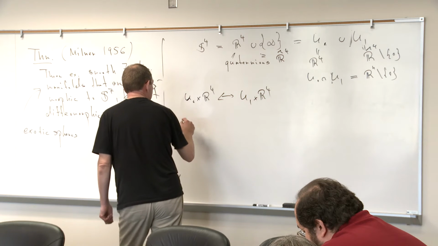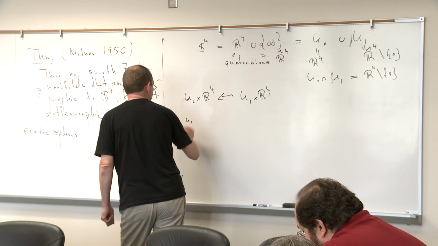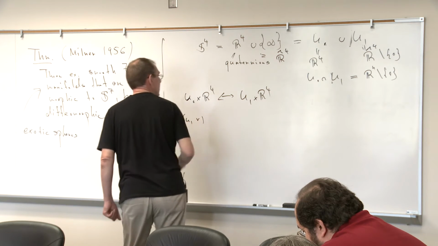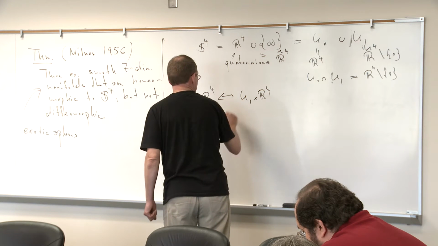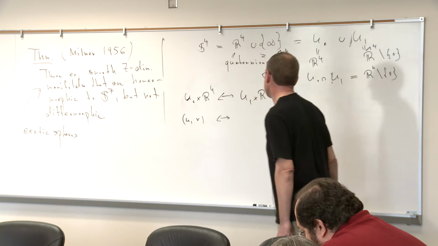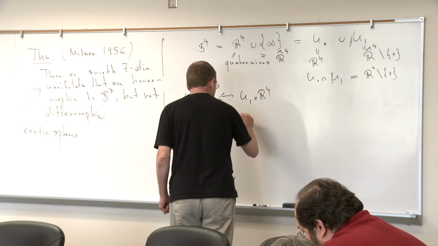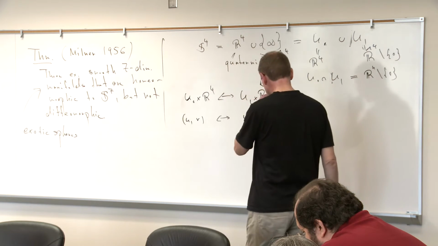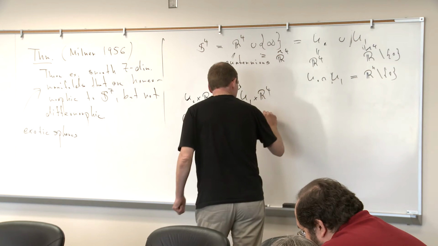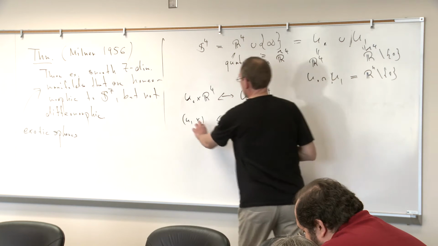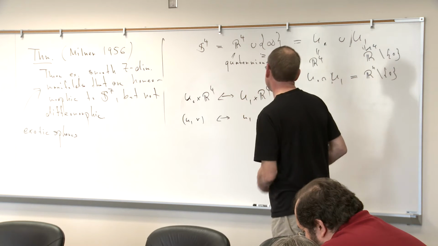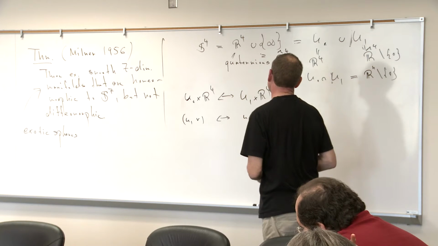The gluing procedure goes like this. You have a point, let's say u here, and you have a point v, and you want to identify it with the corresponding pair over there. Here the base point u is the same on the other side, and you also have the v, but now you twist these fibers by multiplying with these quaternions.